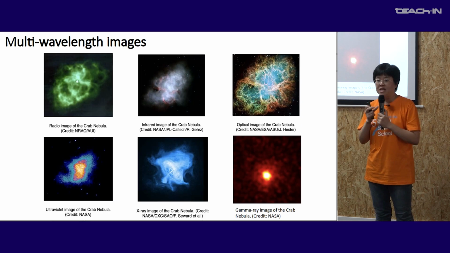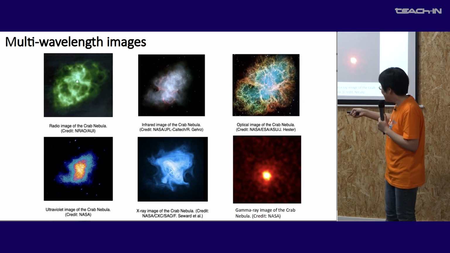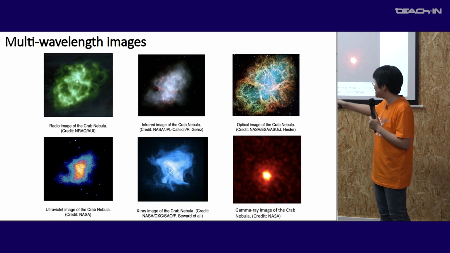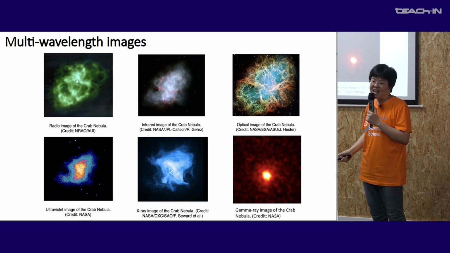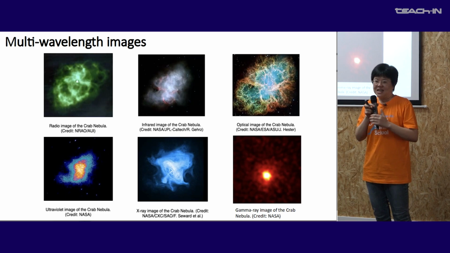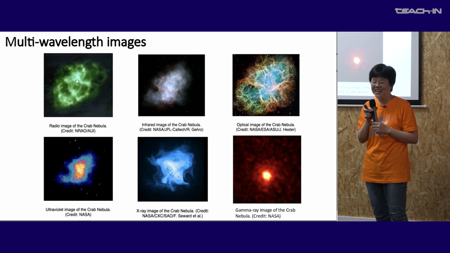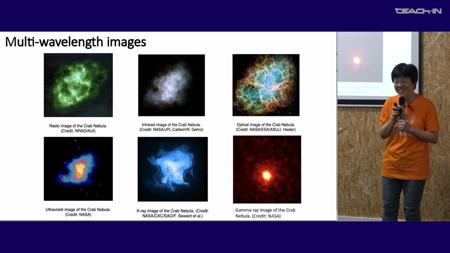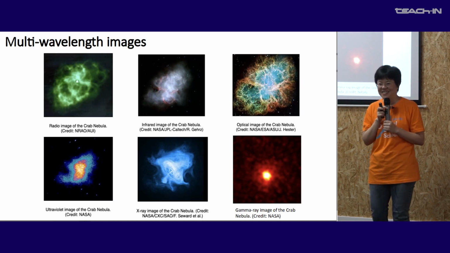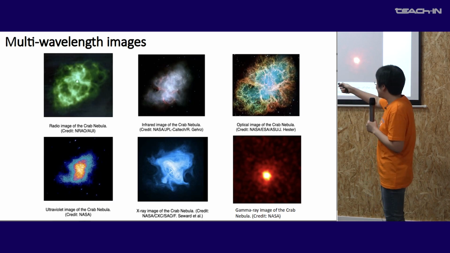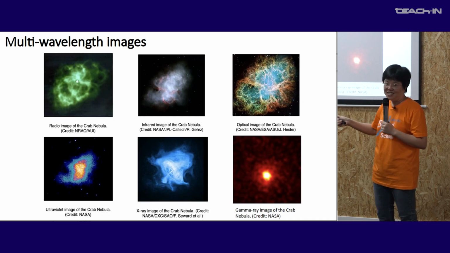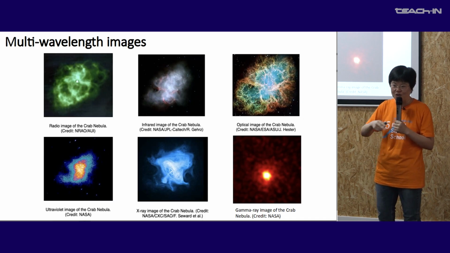From the image, and okay, this one doesn't show the coordinates. You have a guess. Which one has a bigger image? Radio? From left to right, the energy of photons is going up.